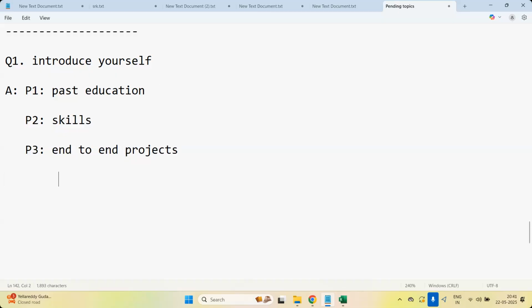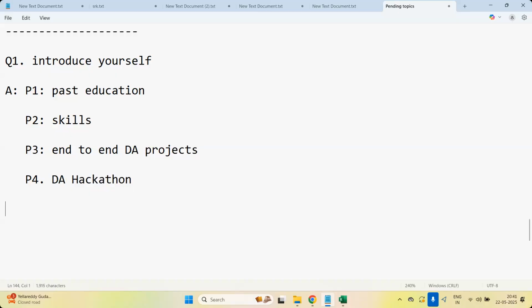And point 4 is that I have participated recently in a data analytics hackathon. Everything you have to highlight with data analytics. Don't forget to highlight the word data analytics multiple times.